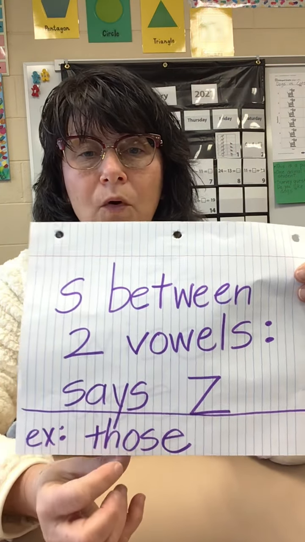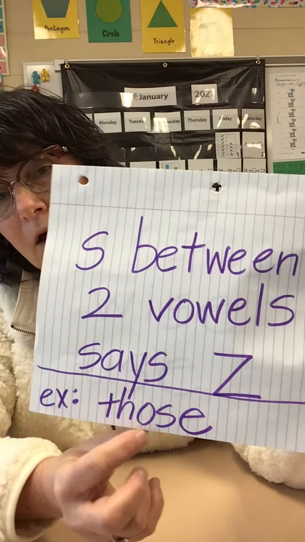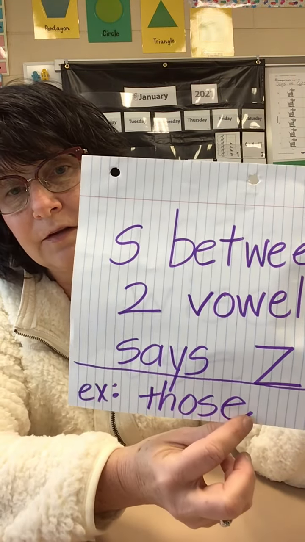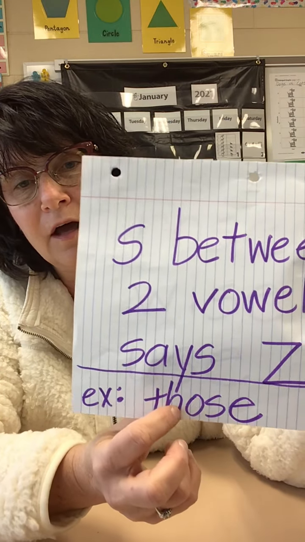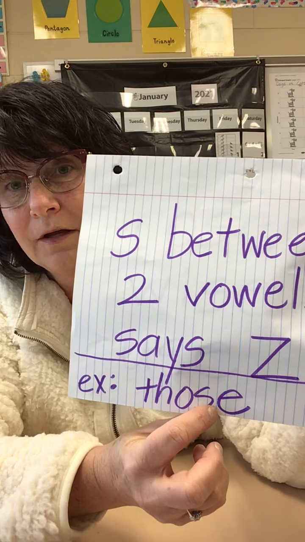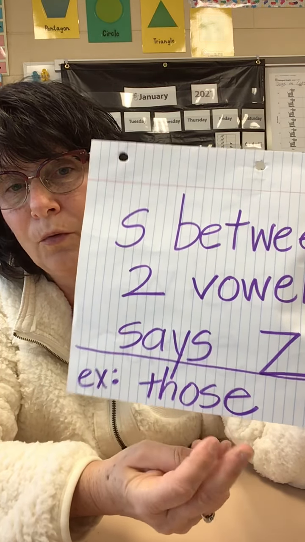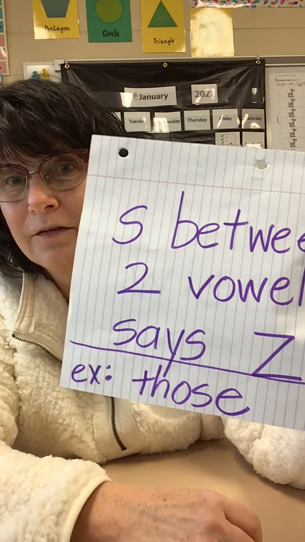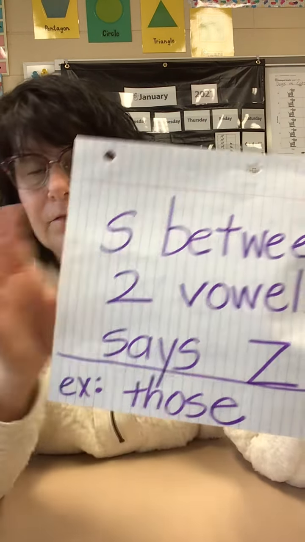Here's an example. O's. We know that's a long O sound because of the silent E. O's. Hear that Z sound? See how that S is between two vowels? That's when it says the Z sound.